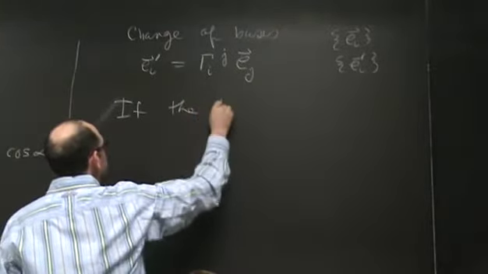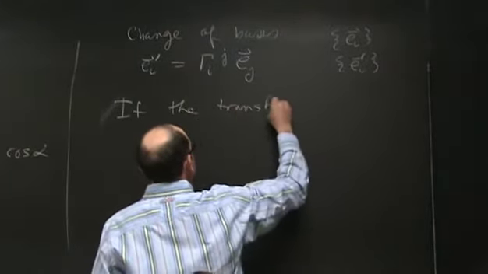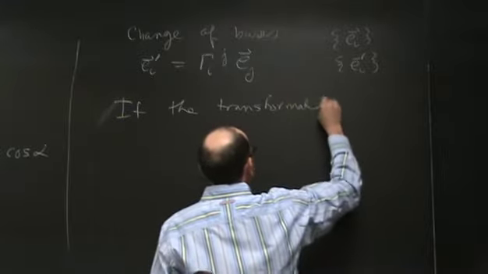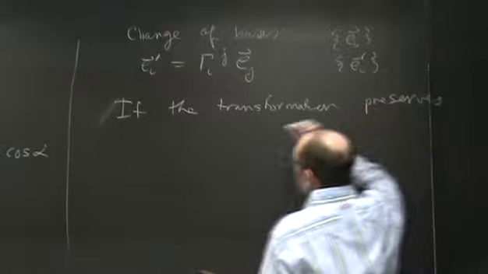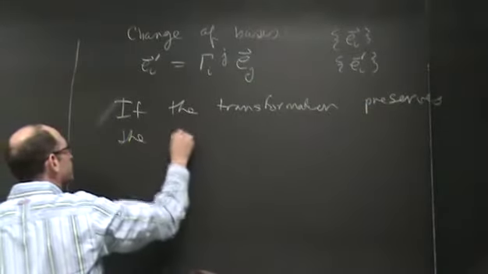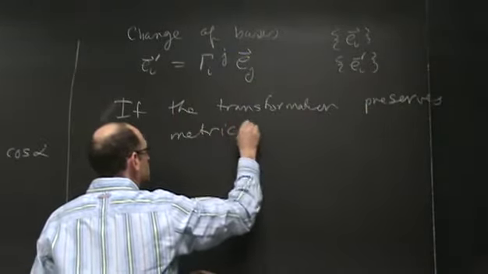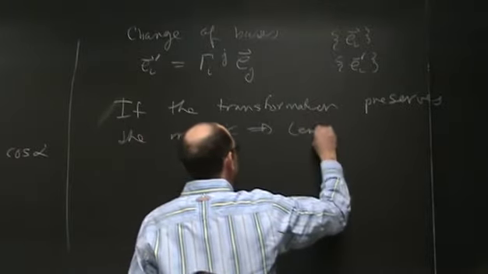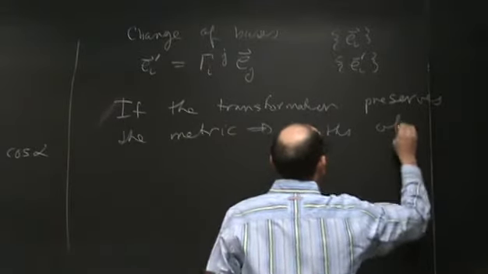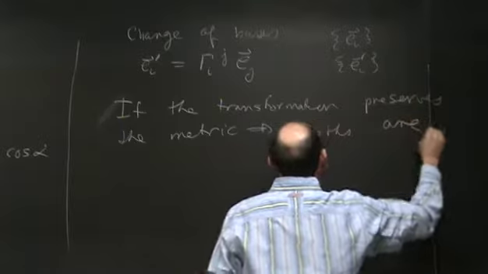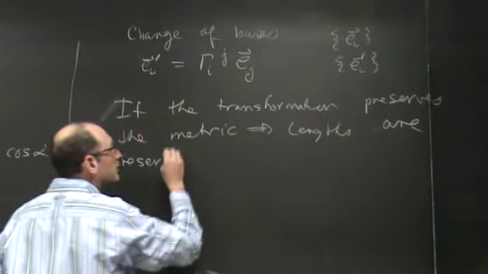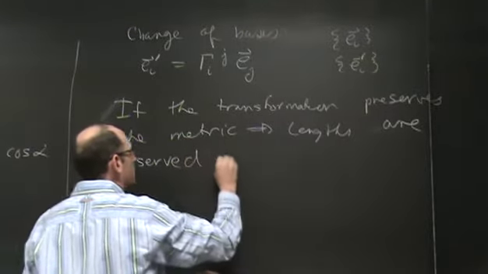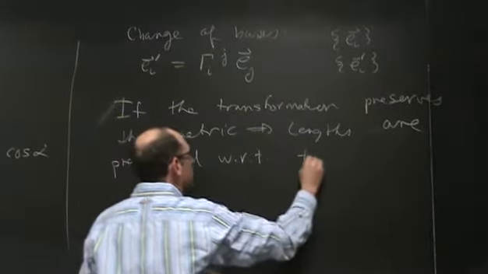So if the transformation preserves the metric, then lengths are preserved with respect to the new coordinates.